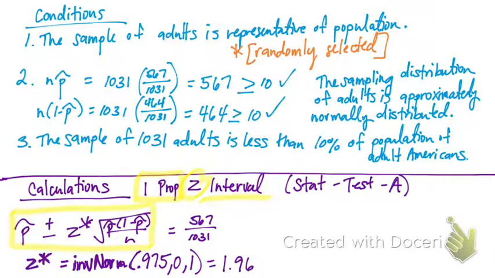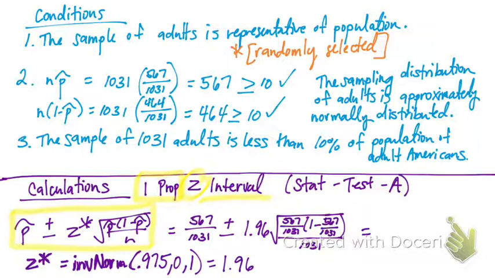Plus or minus, Z star is 1.96 times the square root of, 567 out of 1031 times 1 minus 567 out of 1031, all over 1031. So the P hat is just the number it gives you over the total.